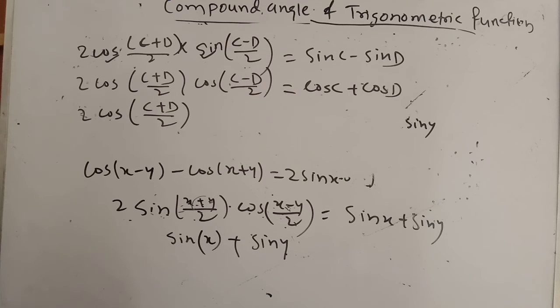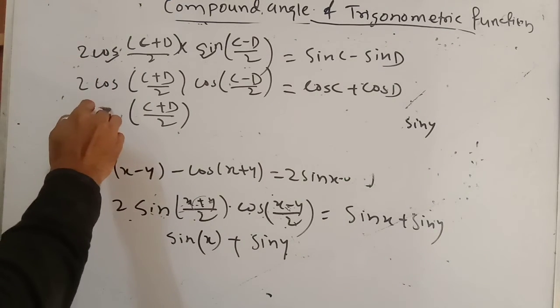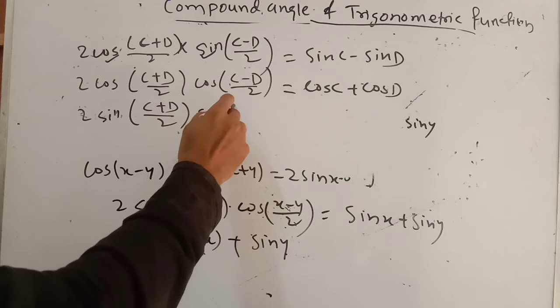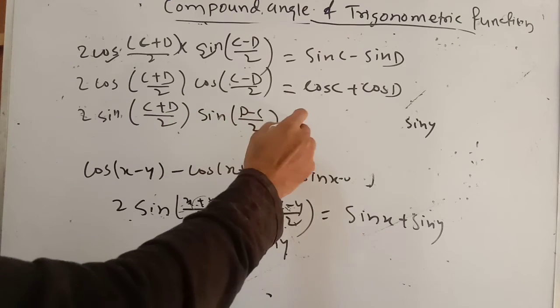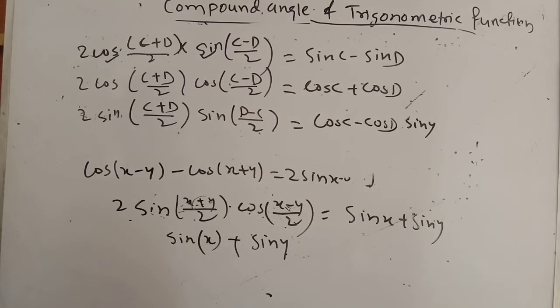Then you can write cos C minus cos D: here it is 2 sin((C+D)/2) sin((D-C)/2). So here it becomes cos C minus cos D.